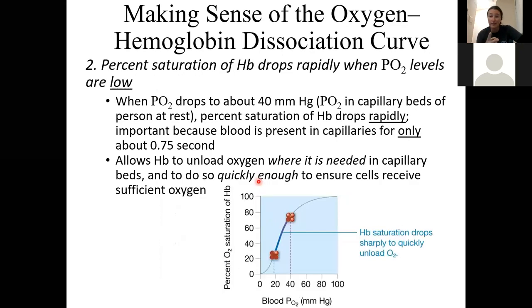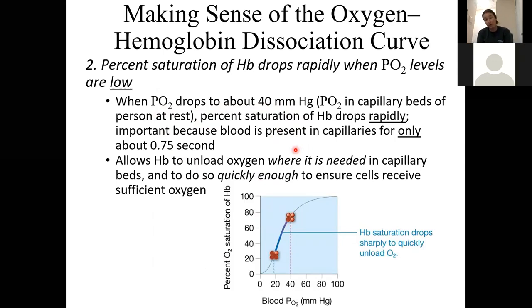Okay. The second thing that this curve tells us is that as soon as you pass below a certain threshold of blood oxygen levels, we get this very rapid unloading of oxygen. Okay, so when the partial pressure of oxygen drops to about 40 millimeters of mercury, the percent saturation drops rapidly.